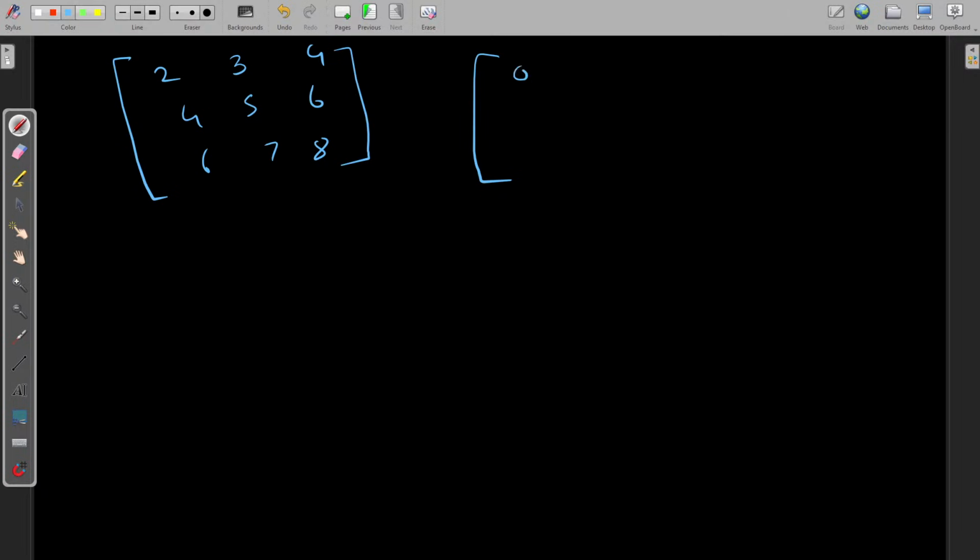So what is 2? 2 is 0, 1, 0, right? 3 is 0, 1, 1. 4 is, what is 4? 1, 0, 0. So this would be our matrix in the binary form.